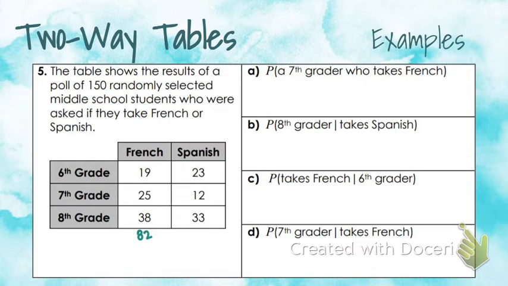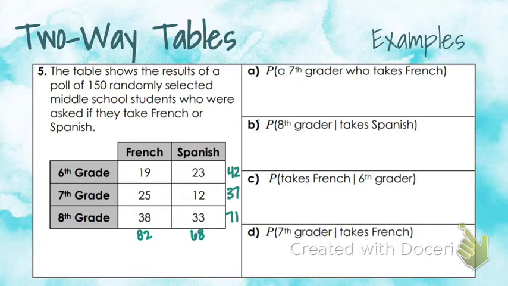So 82 people take French and 68 total people take Spanish. Of the 150 people selected, there were 42 6th graders, 37 of them were 7th graders and 71 were 8th graders. So we just added these together to get that, and then added these together to get that.